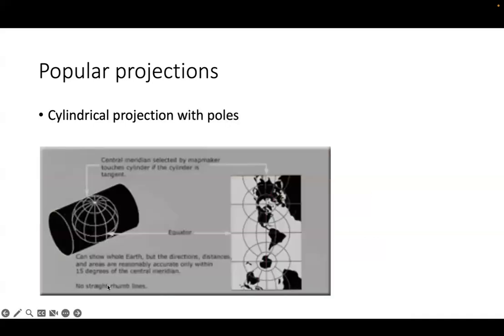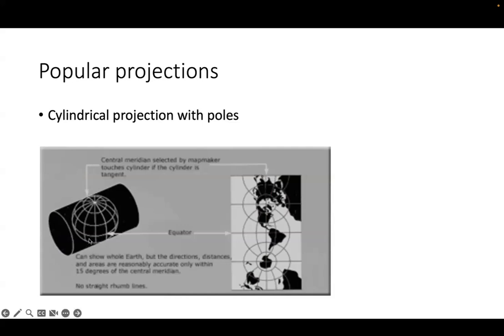Very simple. Instead of putting the cylinder at the equator, put the cylinder so that it touches the poles. Now, with this kind of cylindrical projection, the places at the poles, like Antarctica, the American continents, and European areas, look correct.